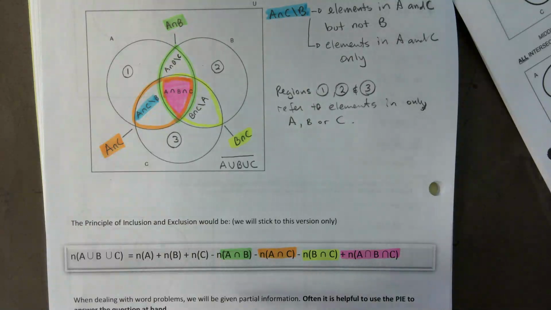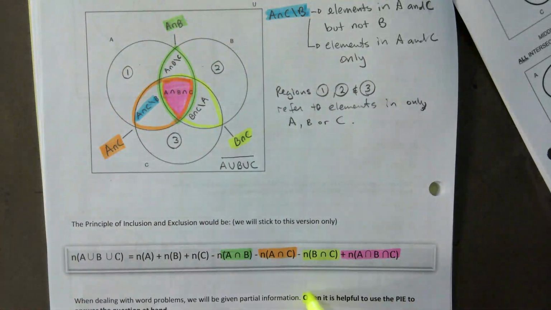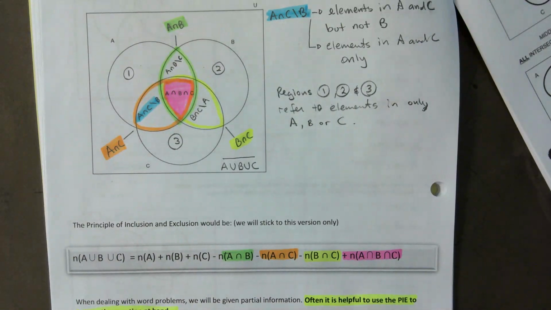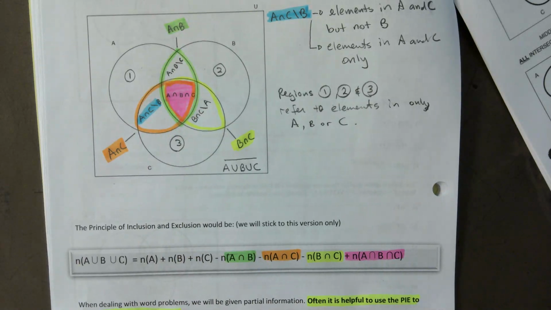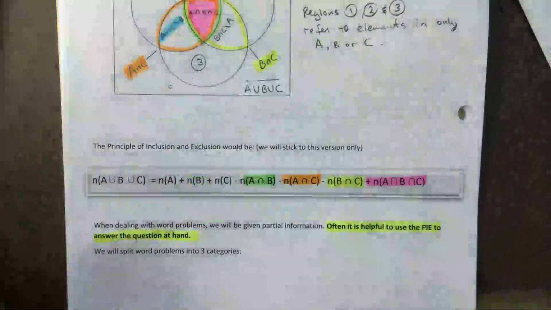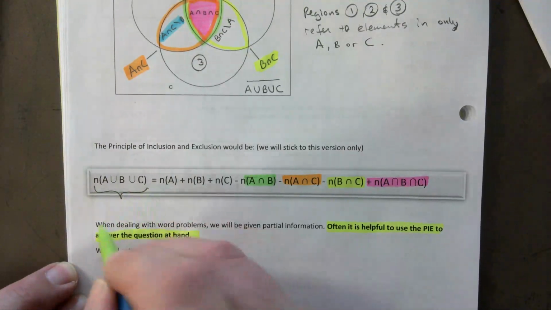When dealing with word problems, we will be given partial information. Often it is useful to use pi. Okay, so I'll just do that. It's useful to use pi to answer the questions at hand. One more thing, because I'm assuming you're gonna add this to your study sheet. I will say that remember still this part here.